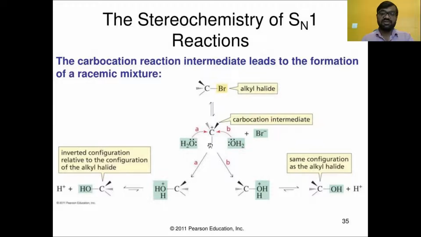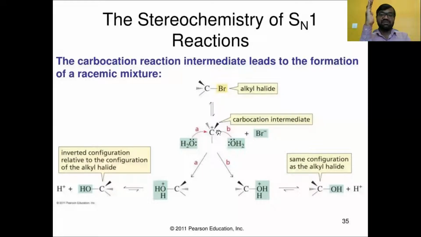So what can happen over here is that water may attack either from side A or from side B. As you can see in this reaction, A and B are basically the trajectories of water to reach the carbocation. Since it is a planar molecule, water may attack from this side.